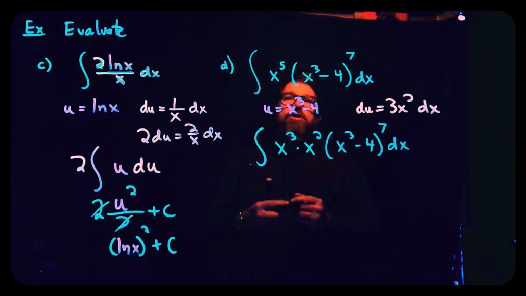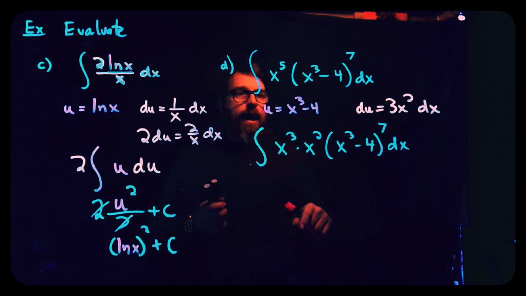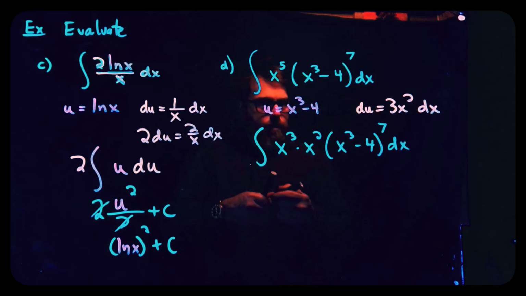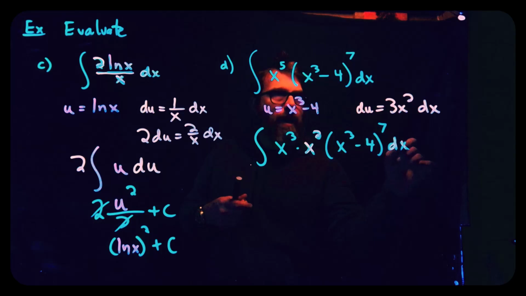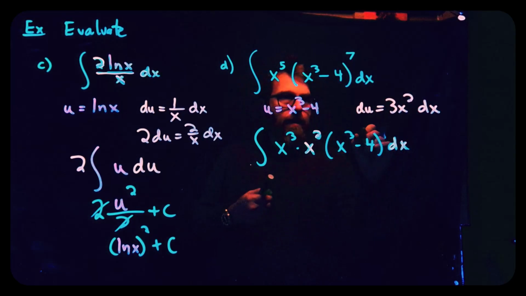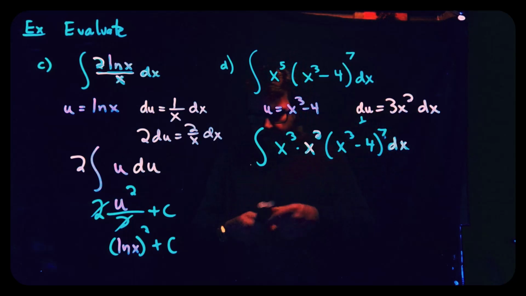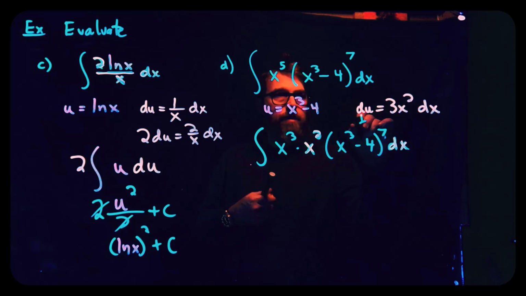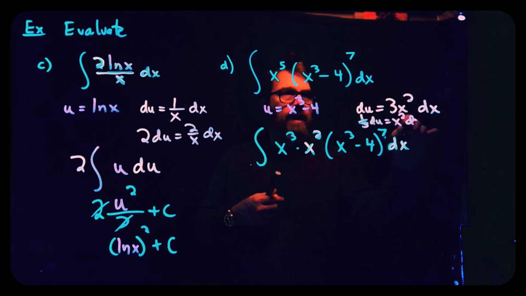So what I'm going to do is color these up. So this is going to be x squared dx, which I don't need. Actually, I have a 3x squared. So 1/3 du is going to be equal to x squared dx.